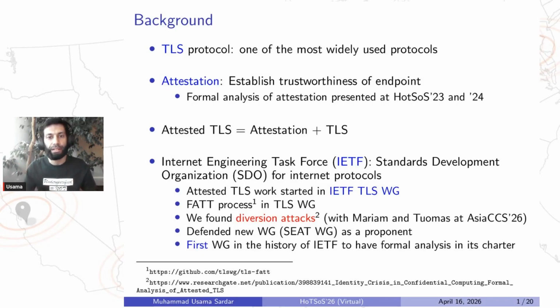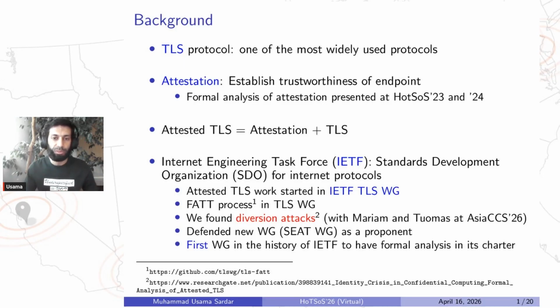In that sense, it started over there. The TLS working group has a high bar for formal analysis. The FAT process lies in the TLS working group, which means that if there is any non-trivial extension, we need to provide a formal proof for that. So it's embedded in the whole process of becoming an RFC.